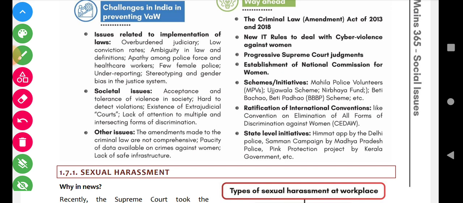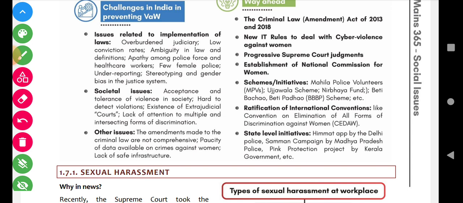Next is the establishment of the National Commission for Women and schemes or initiatives like Mahila Police Volunteers, and the Ujjwala scheme, under which LPG cylinders are provided to poor women. Next is the Nirbhaya Fund and the Beti Bachao Beti Padhao scheme.